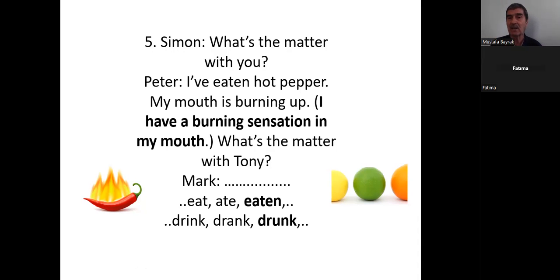So there is something wrong with his mouth again. Maybe his mouth is burning up as well. What's the matter with Tony? Mark answers: Tony has eaten hot meal, has eaten hot soup, for example.